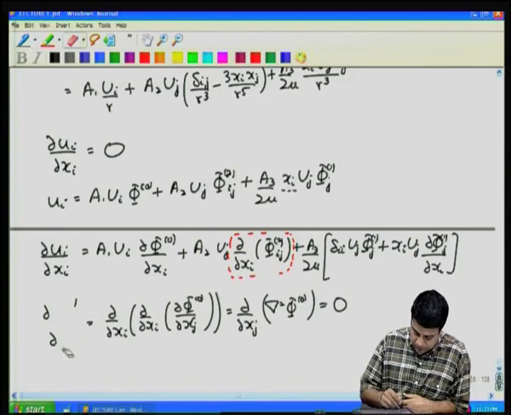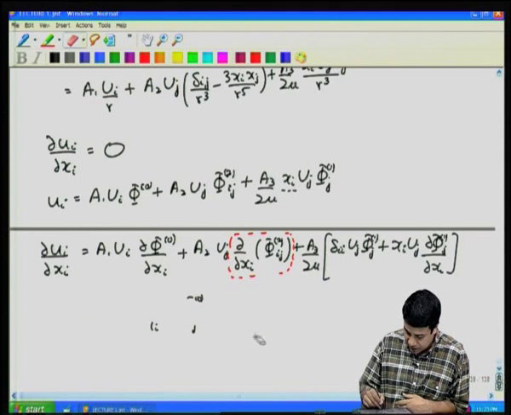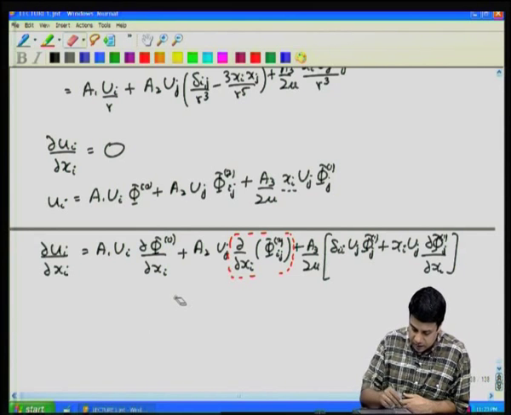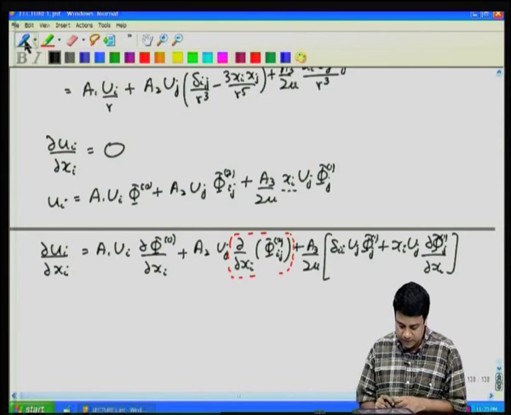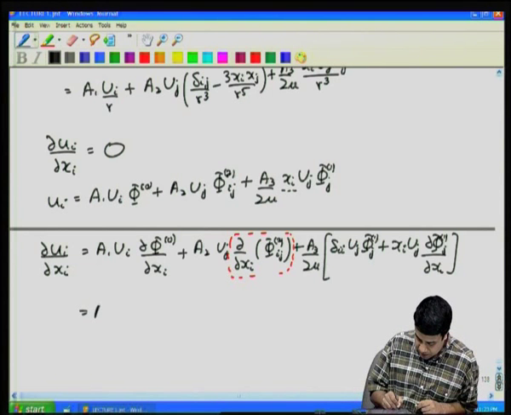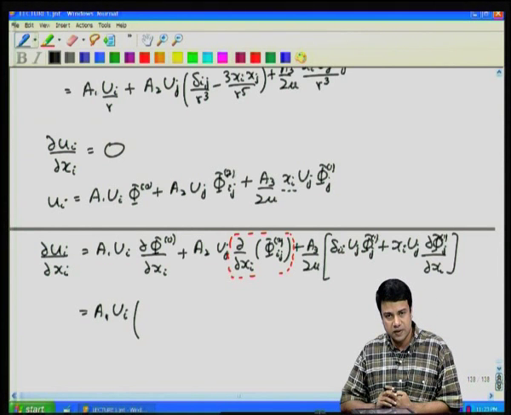And because of that I am basically left with the divergence of the other two terms. So, when I enforce the incompressibility condition, I can neglect this middle term in the expression for the divergence. So, this becomes a 1 u i into partial phi naught by partial x i, which is just phi 1 i, which is minus x i by r cubed. Phi naught is 1 over r.